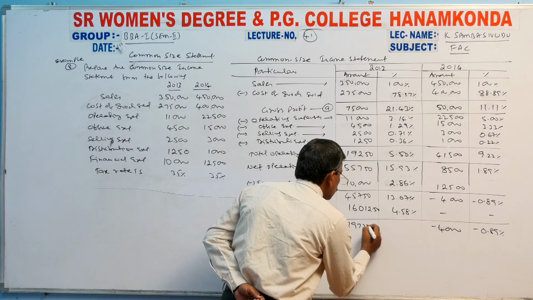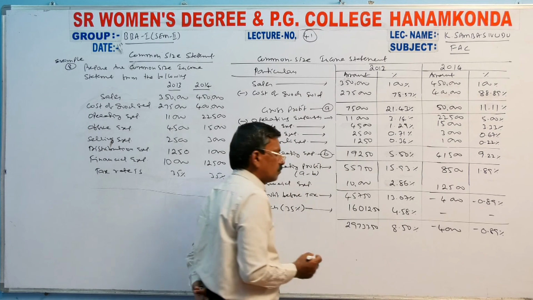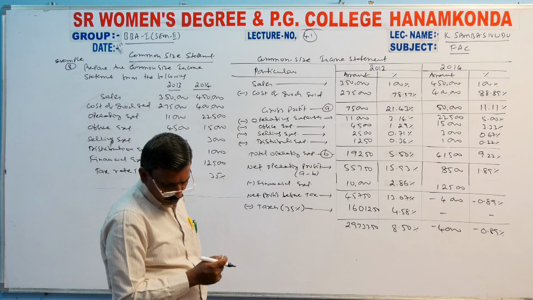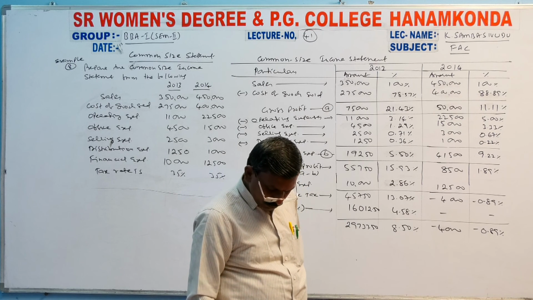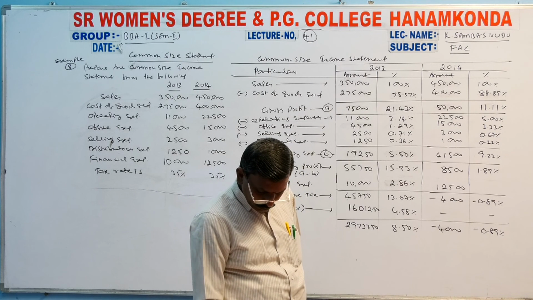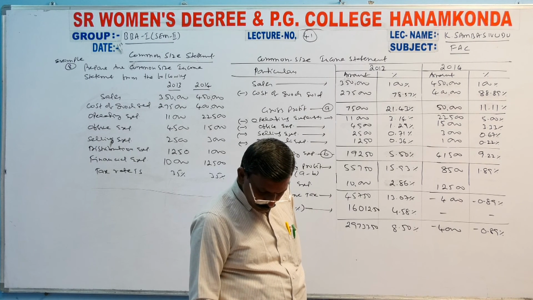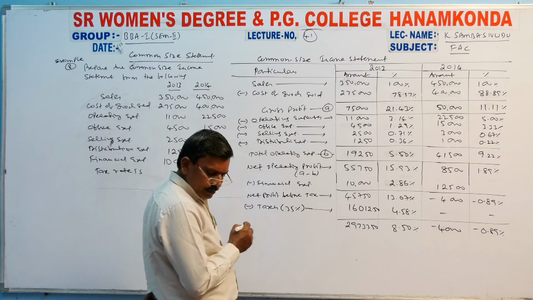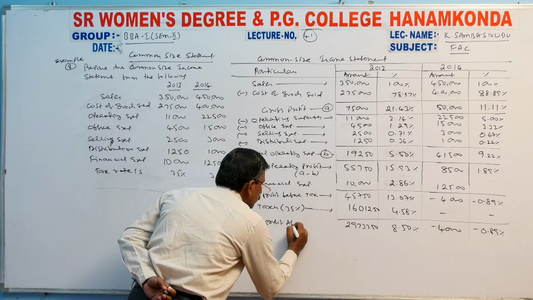So 29,737, that is 8.5%. So this is the net profit after tax.